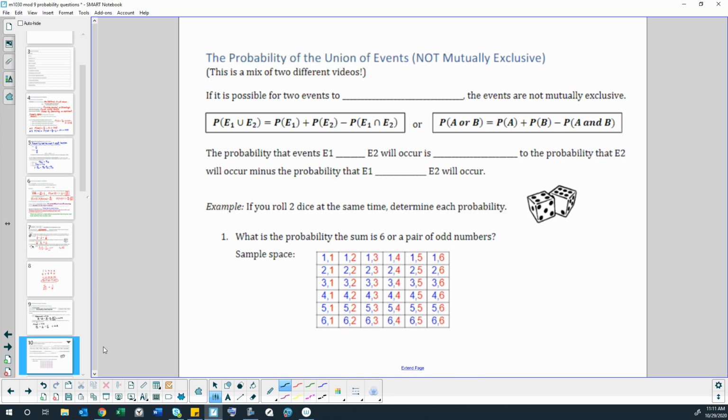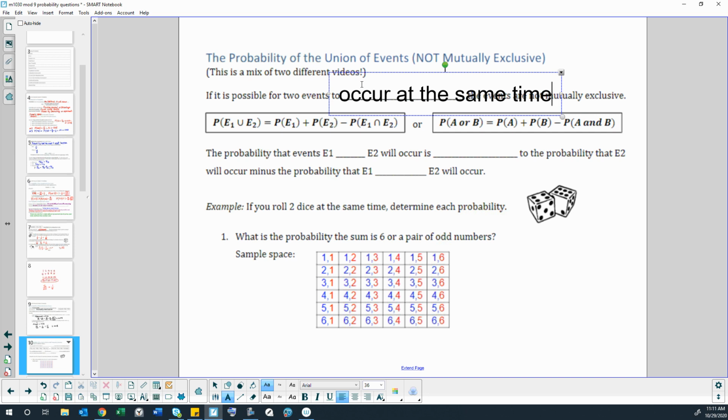If it is possible for two events to occur at the same time, the events are not mutually exclusive. Let's throw that in our blank spot here.